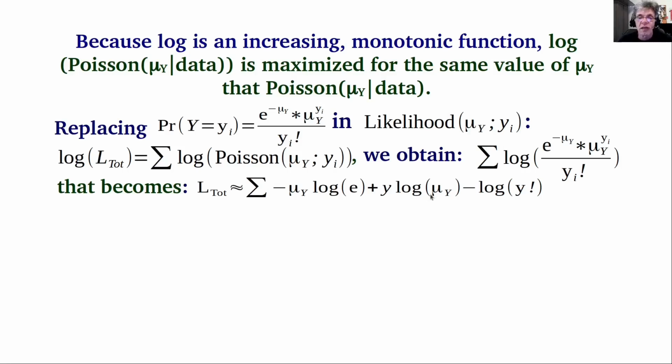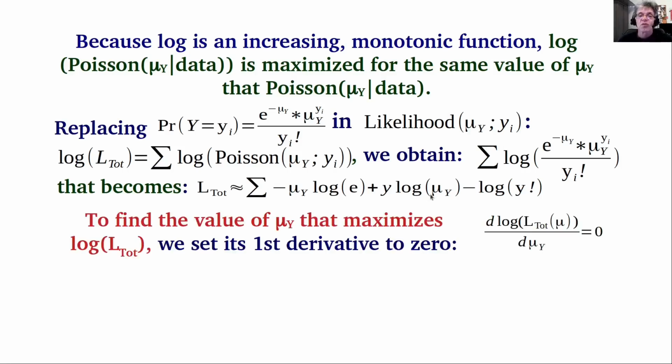So what we do then is we try to find the value of mu that maximizes the log of the total likelihood. And this is done in analytical terms by setting its first derivative to 0, in the same way that we do to maximize any mathematical function.